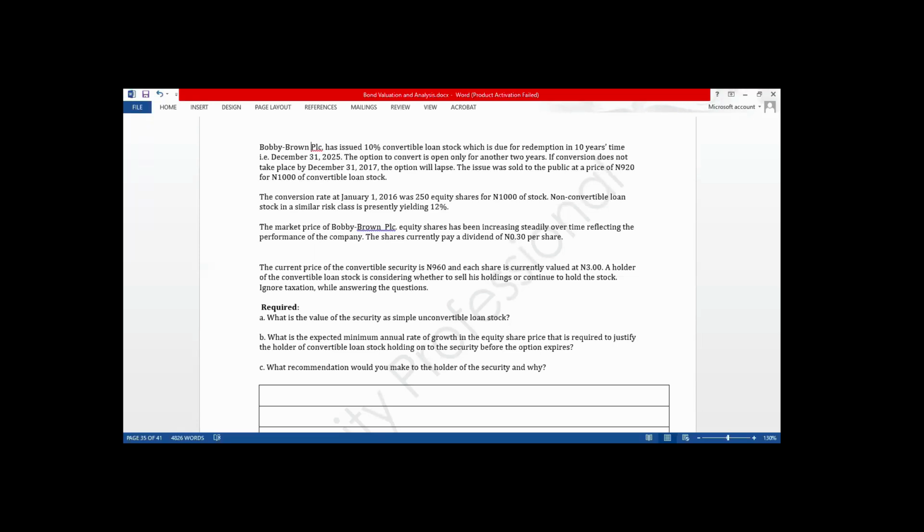Alternative one is valuation as a straight debt.